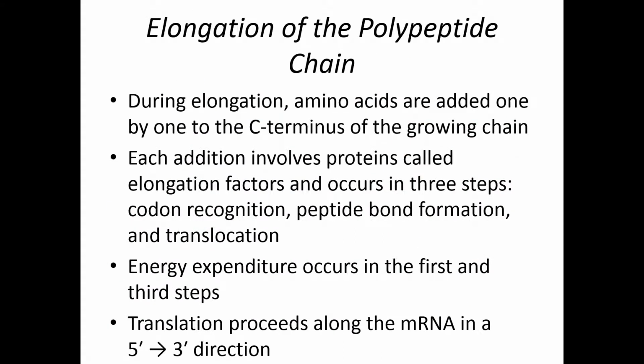During the elongation stage, you're going to have amino acids that are added one at a time. Recall that amino acids are always attached to the pre-existing C-terminus, or the pre-existing carboxyl end, of the growing polypeptide chain.